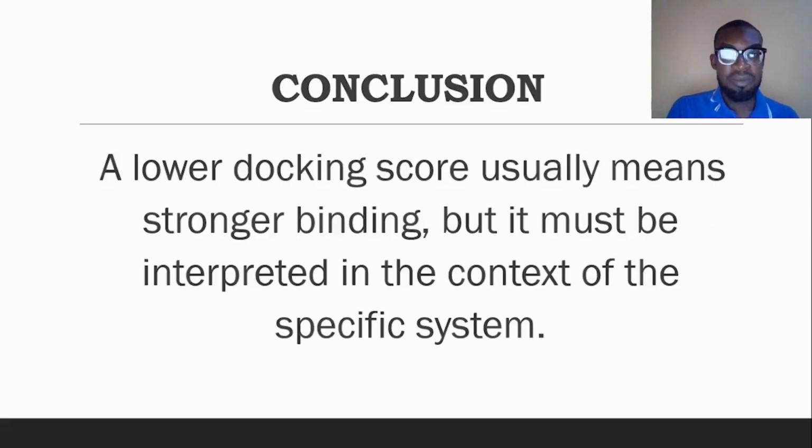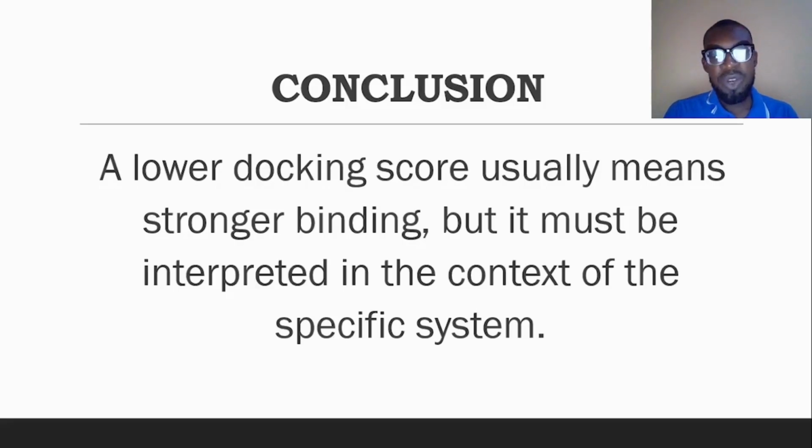Now, in conclusion, it's important to note that when you get a lower docking score, it does not necessarily mean that you have stronger binding. It's important that you interpret it based on the system you are working with, because you can get into situations where you have very low docking scores, minus 11, minus 12, and you think it will give you stronger binding.